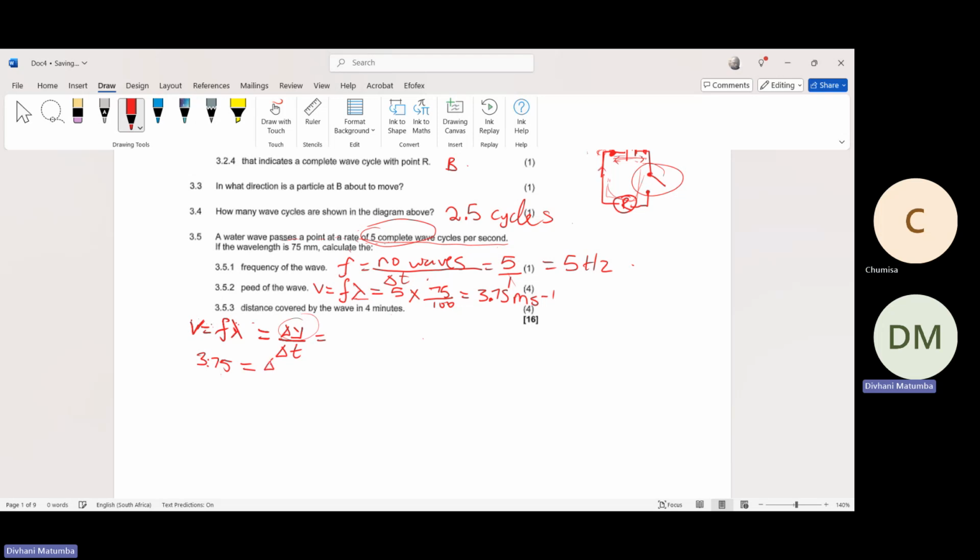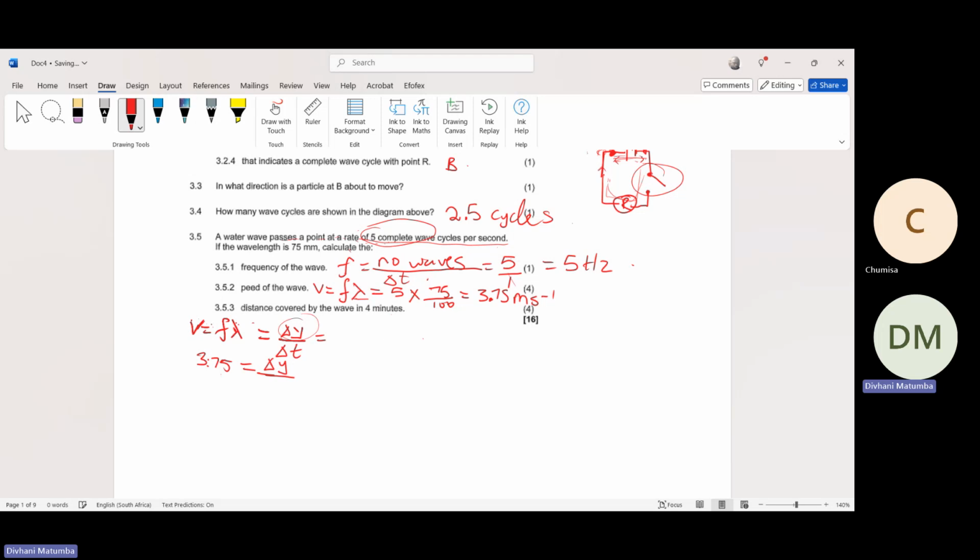That's what we are looking for. Do we have the time? Are we given the time? If we are given the time, that is going to be very easy. Just look at the question: 4 minutes. Remember, the units of speed are meters per second, but we're not given seconds, we're given minutes.